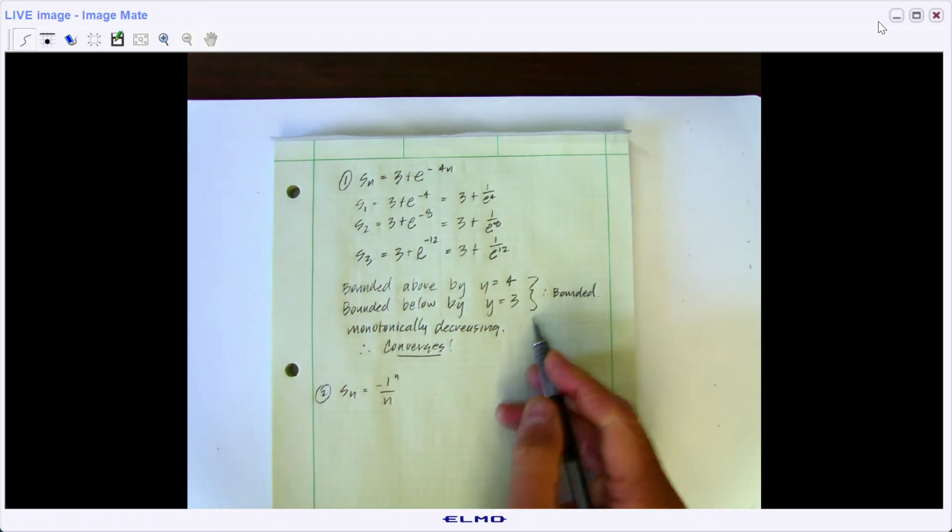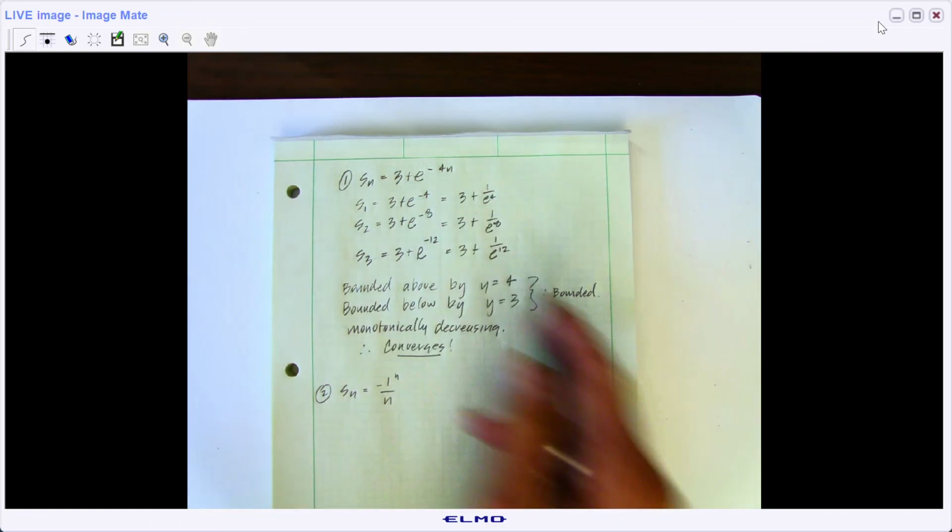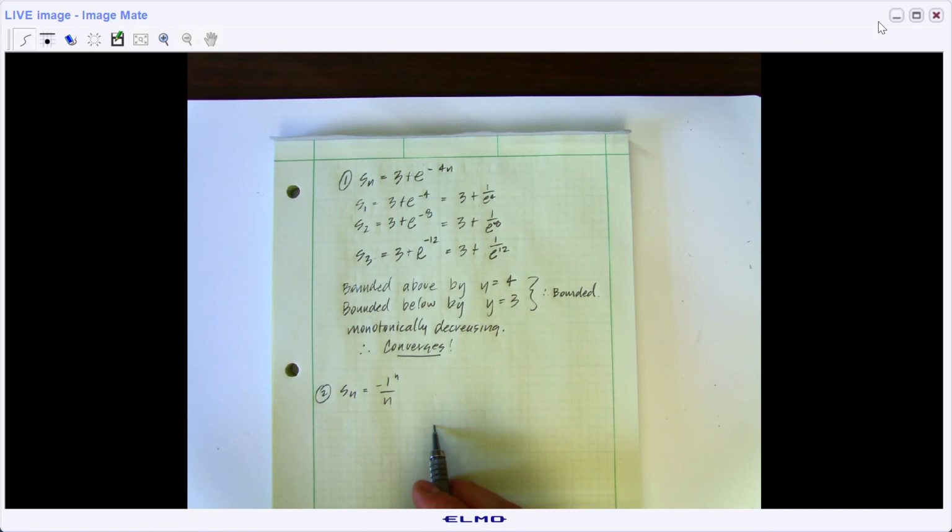So again, if it's bounded and it's monotonically moving in one direction or the other, in this case decreasing, then it just has to converge. There's no way that it can be bounded and be either increasing or decreasing monotonically and not arrive at a certain value.